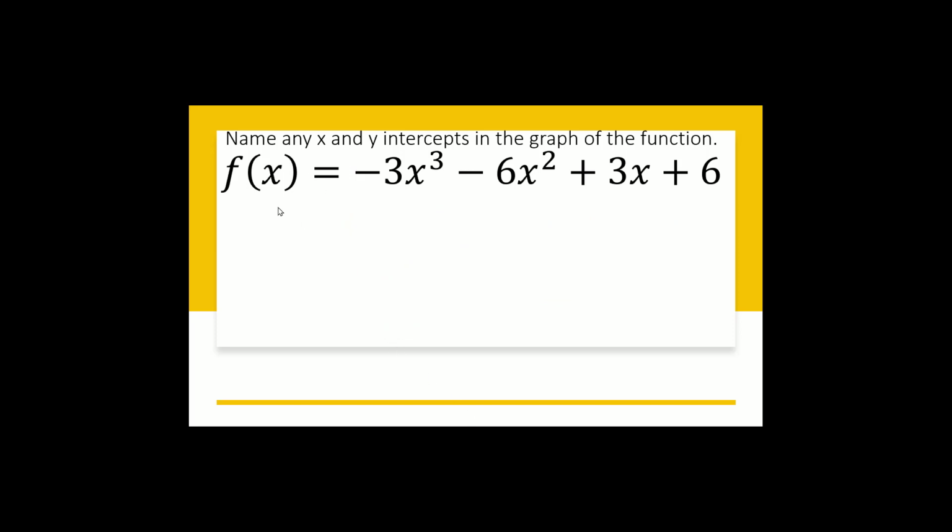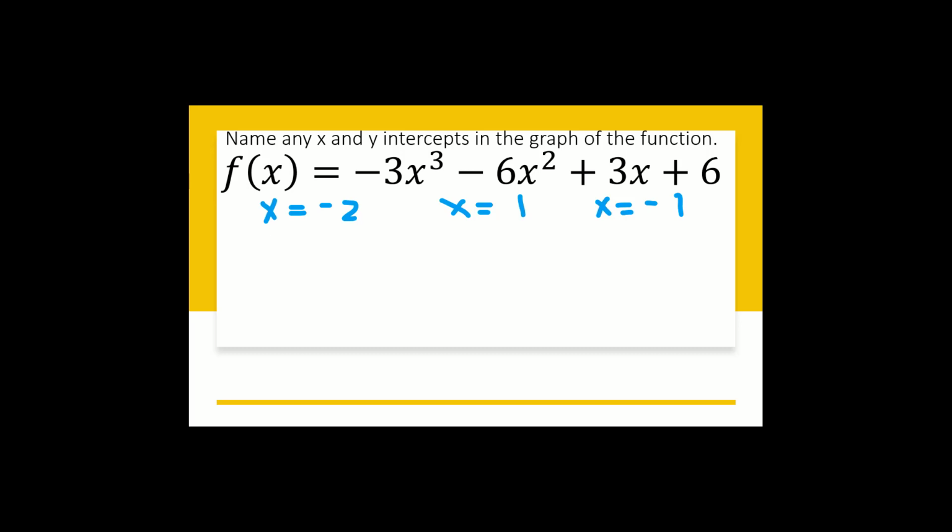Alright, so if you remember, we factored and we had x equals negative 2, x equals 1, and x equals negative 1. Now those are our x-intercepts. Those are the zeros of our function. Oops, let me get my pencil back again.